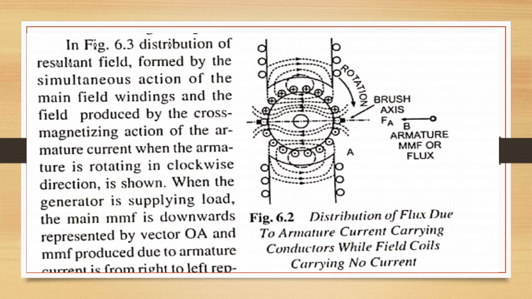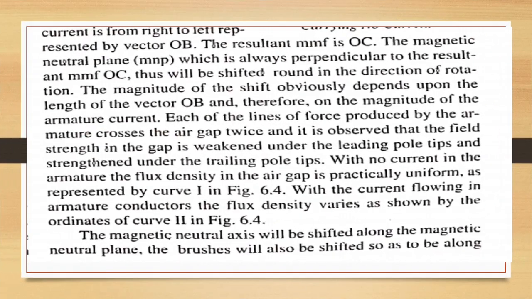When the generator is supplying load, MMF produced by the field is downwards, represented by vector OA, and MMF produced due to armature current is from right to left, represented by vector OB. Resultant MMF will be OC.